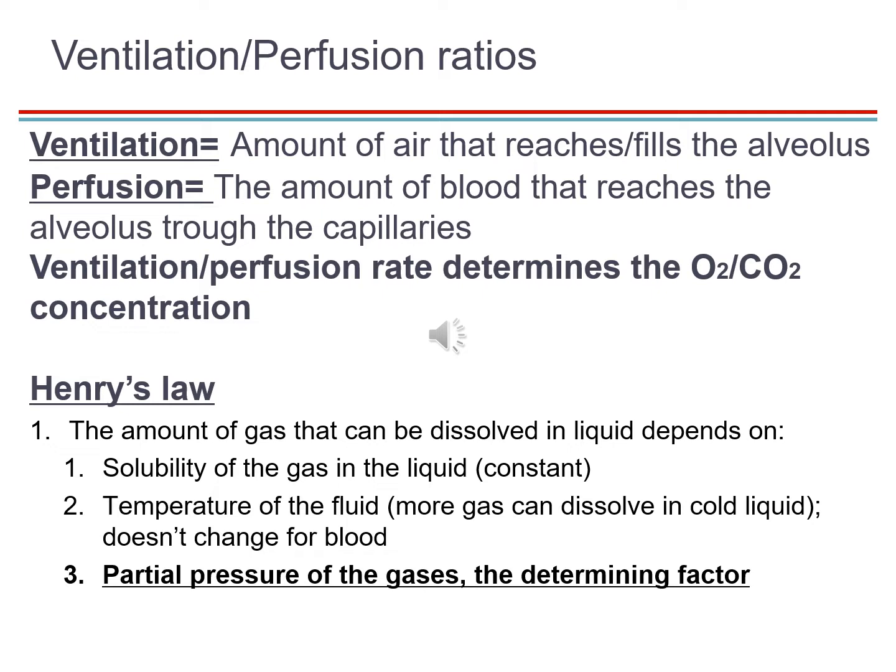The one that really affects the solubility of the gas, or how much these two gases can be dissolved in plasma, is the pressure of the gas. In other words, how much is the concentration? We mentioned before that concentration also matches with pressure. The higher the concentration, the higher the pressure of that gas, and that is the determining factor in how oxygen and carbon dioxide can be dissolved in plasma.